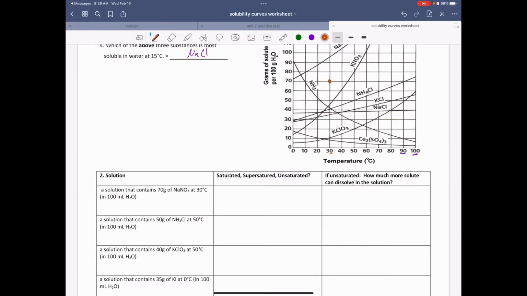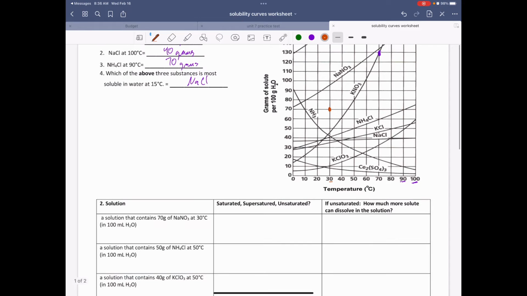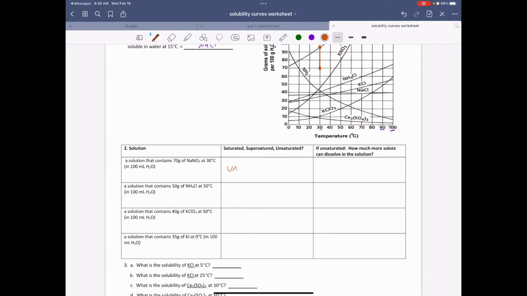And we're interested in NaNO3. So this is how much it can dissolve, looks like about 95. And this is how much it does dissolve, about 70. So this is definitely unsaturated, and you could go about 25 grams more, right? 95 minus 70.